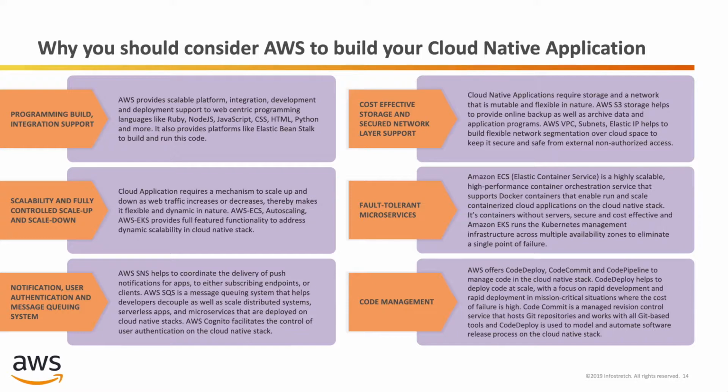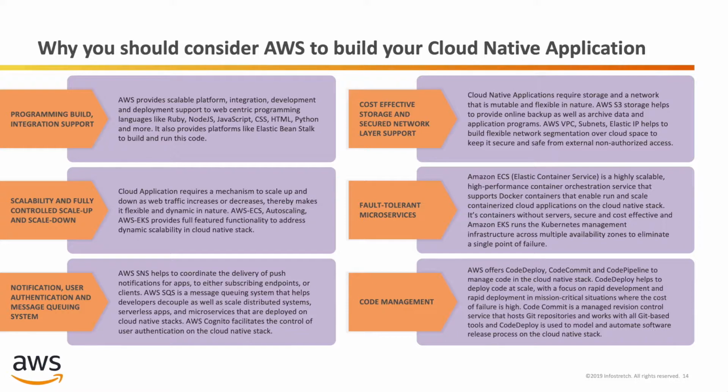Next, touching on storage and networking in AWS, Amazon Simple Storage Service S3 is an object storage service that offers industry leading scalability, security, and performance. And there's Amazon S3 Glacier for archival.